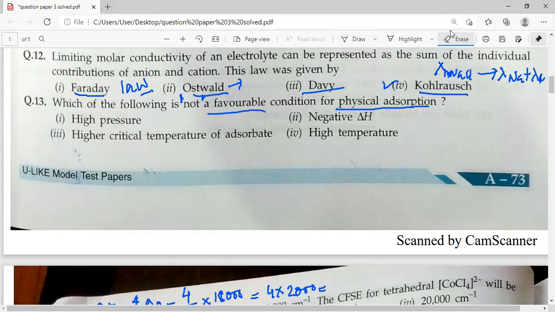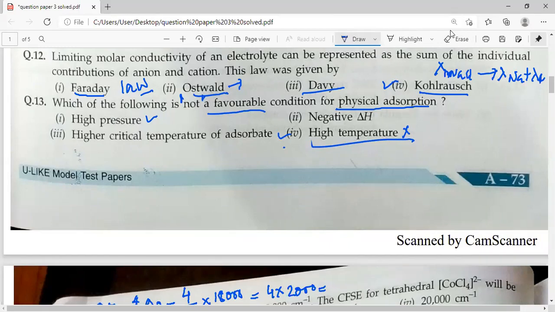High pressure is favorable for physical adsorption, my dear students. Then higher critical temperature of adsorbate is favorable, but high temperature is not. So this is the correct answer, because when we have physical adsorption and we keep the temperature higher, the gas will desorb, the opposite process, rather than adsorption taking place.